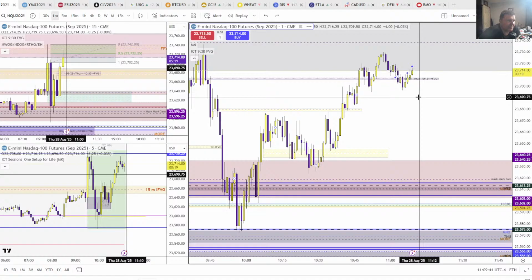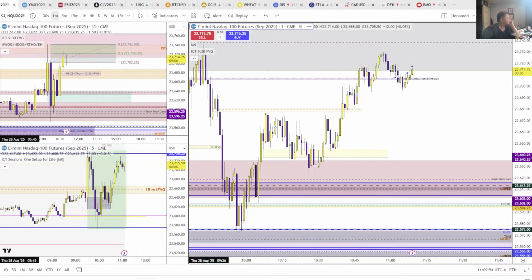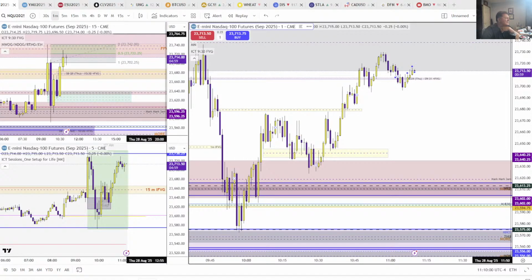What are we doing, Adi? Where are we going with this? Still bullish? Look at the daily. Look at your daily chart and tell me where your upside objective is going to be.